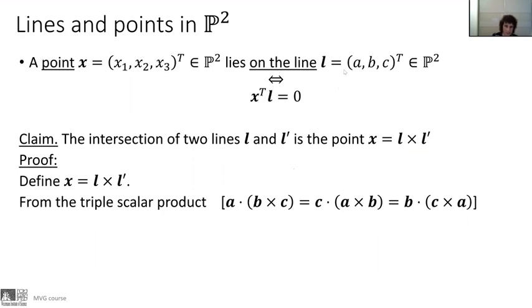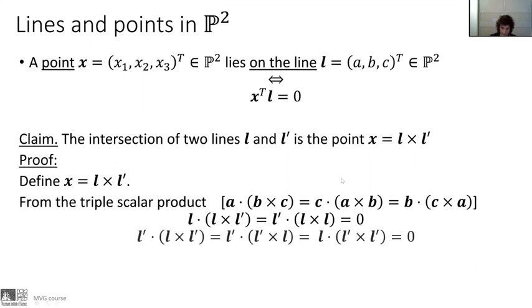Now I take this definition of X, multiply it by dot product with L, and using this identity I get exactly 0. This means that X lies on L prime, and by the other derivation, X resides on L as well.